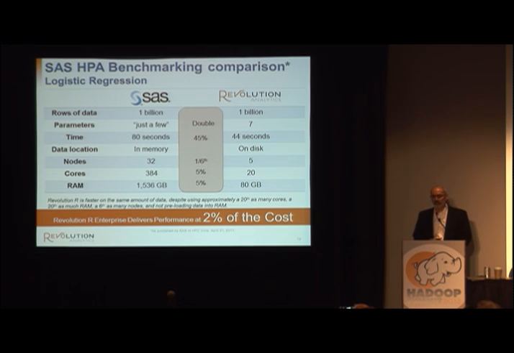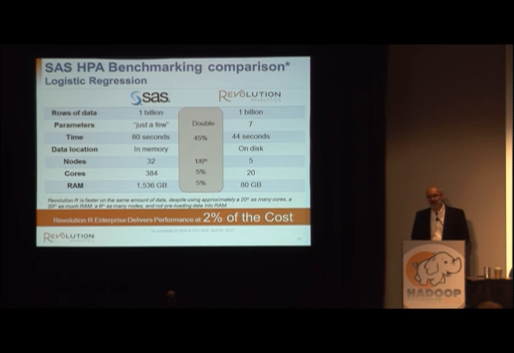In this case, SAS ran what they said is, quote, just a few parameters. They didn't reveal the data set, but they said it was 1 billion rows and just a few parameters running in memory on 32 nodes. These are hefty nodes with a total of 384 cores and 1.5 terabytes of RAM. So really quite a bit of hardware. And they were able to do the computation in 80 seconds.